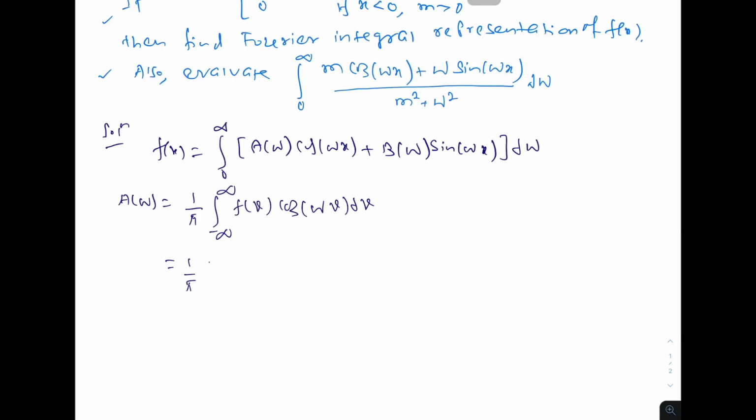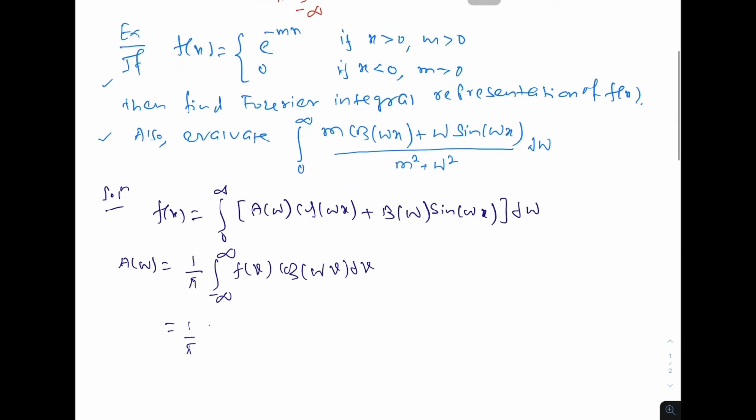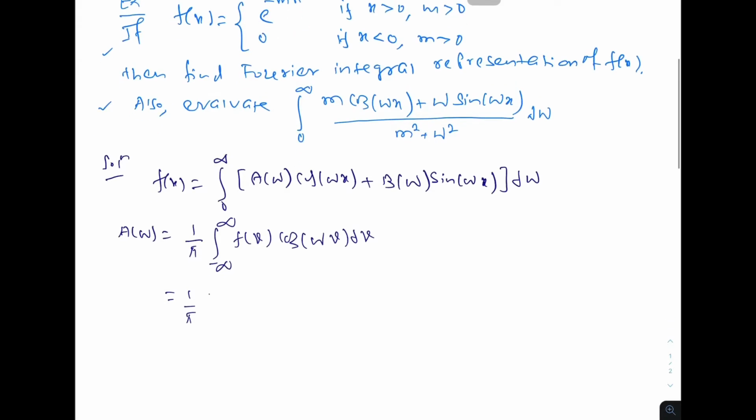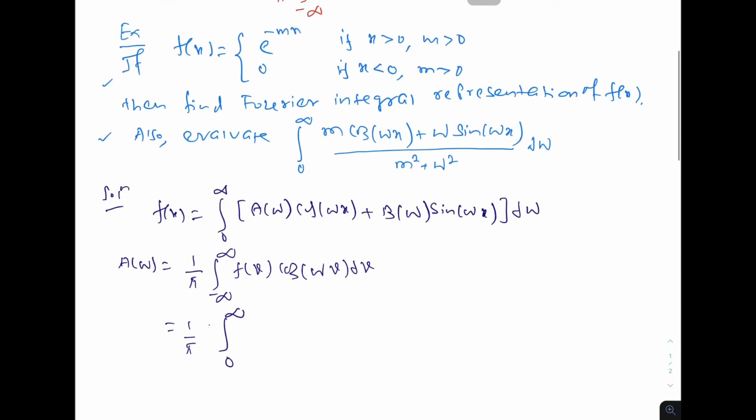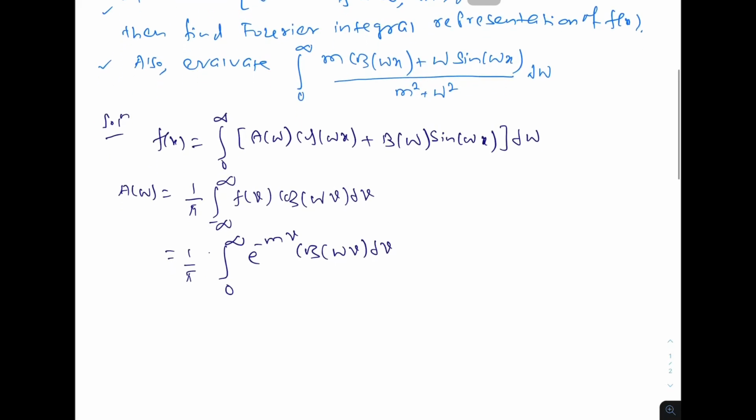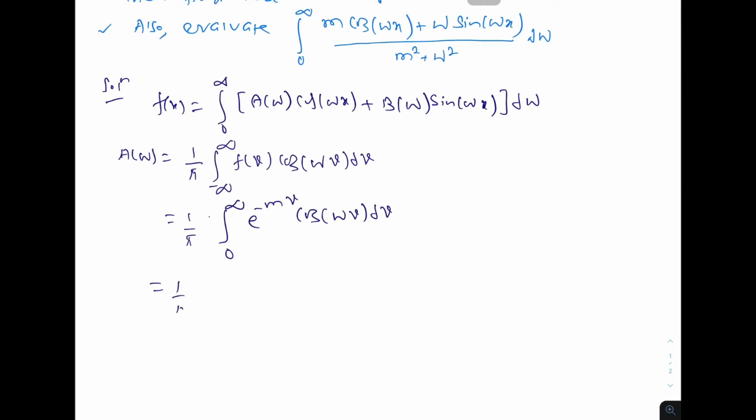You are given the function when x is greater than 0, so it is e power minus mx. We take the integral from 0 to infinity, and the value of the function is e power minus mv cosine(omega v) dv.